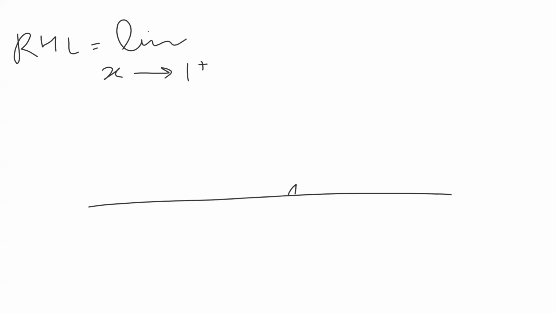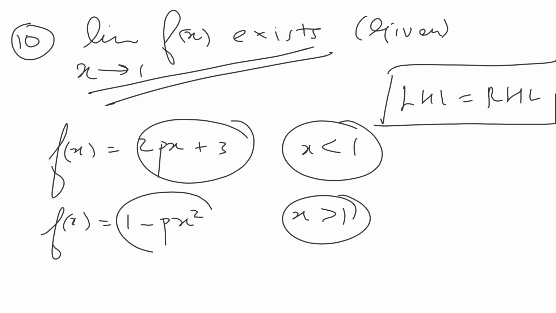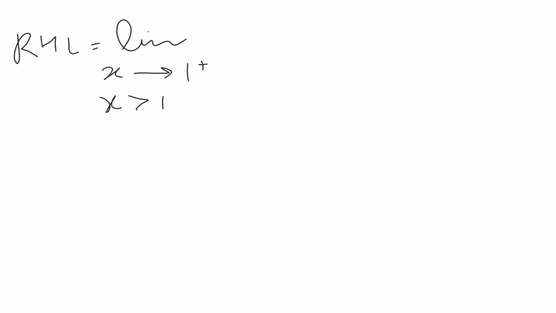That means the value of x is approaching 1 from the right hand side, so all the right hand side values are greater than 1. So f of x is 1 minus px square.